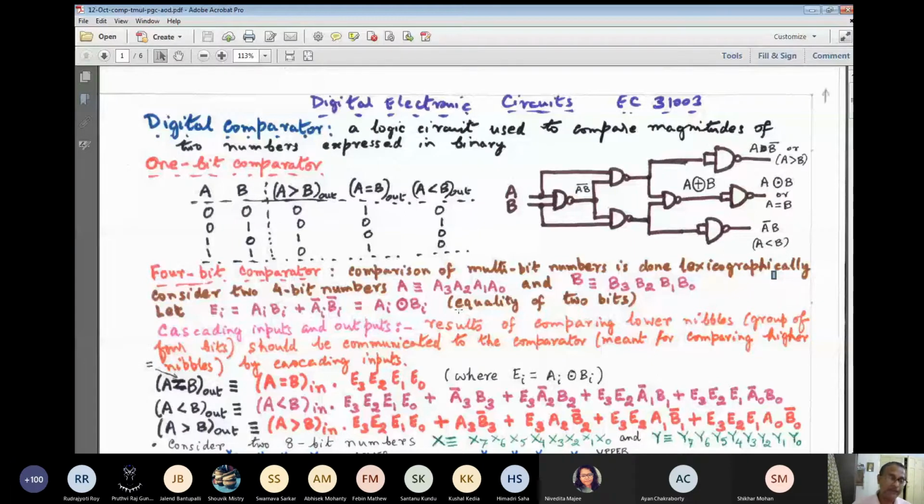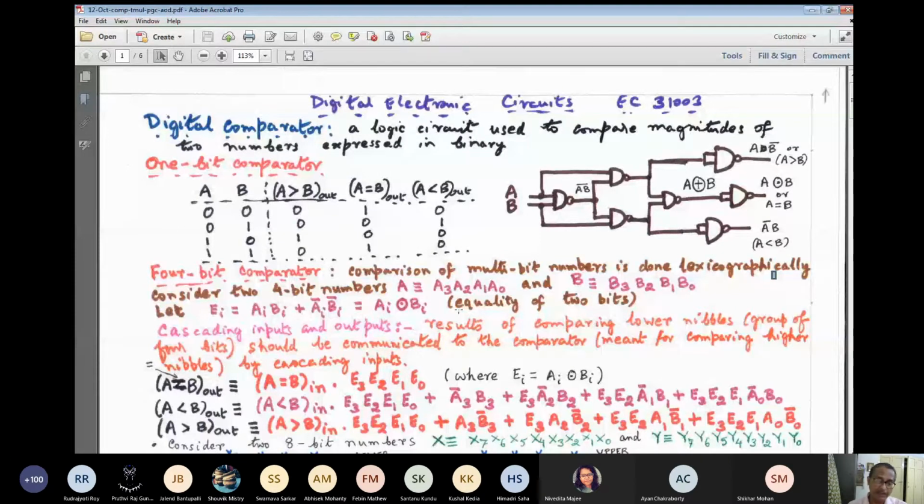But finally, for the most significant bit, in this case we are limited to 4-bit numbers, we find that A3 is greater than B3. If you take the first number as 8, A3 equals 1, A2 equals 0, A1 equals 0, A0 equals 0. And for 6, B3 equals 0, B2 equals 1, B1 equals 1, and B0 equals 0.